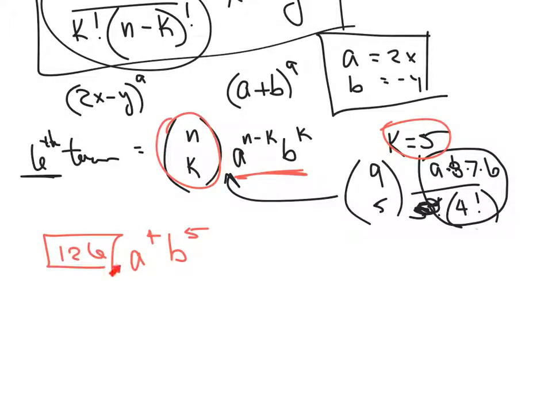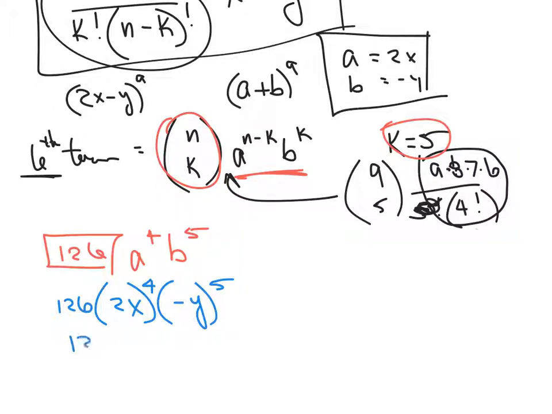That gives me the sixth term of a plus b to the 9th. I'm looking for this one. So all we're going to do, this is pretty simple, we're going to write 126. We're going to replace our a with 2x, and we're going to replace our b now with negative y. Okay, so that's pretty much all we did there.